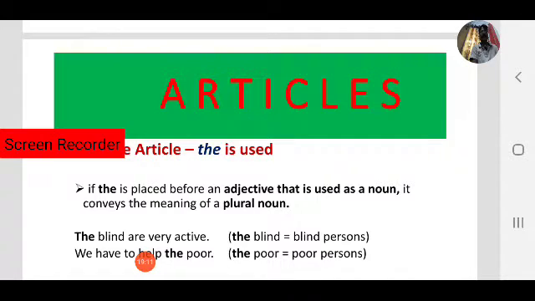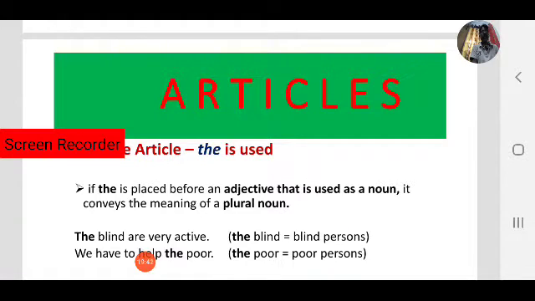Actually blind is an adjective, but in this example we use blind as a noun. So when an adjective is used as a noun, we use the with it. The blind are active. The blind means here the blind people.